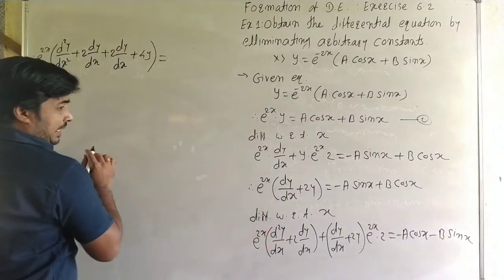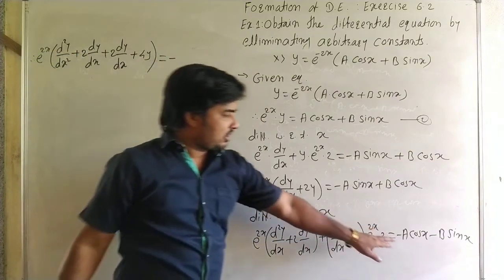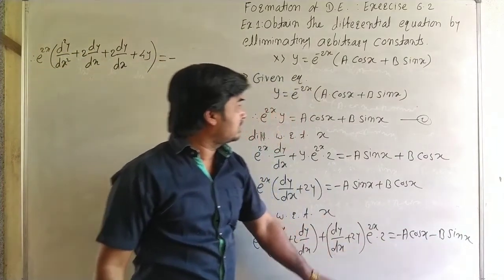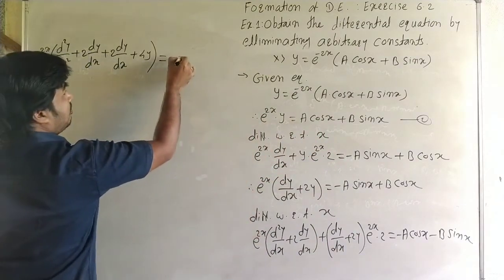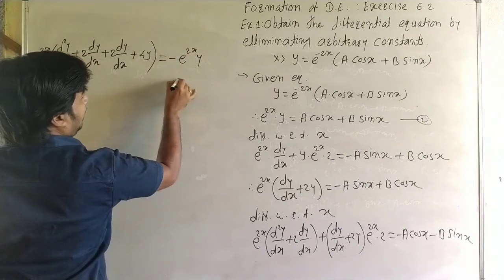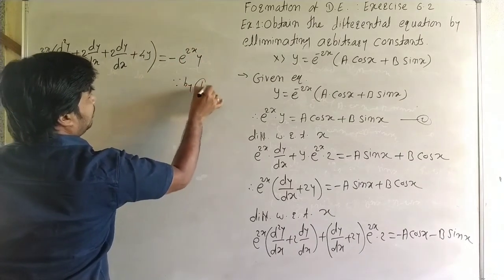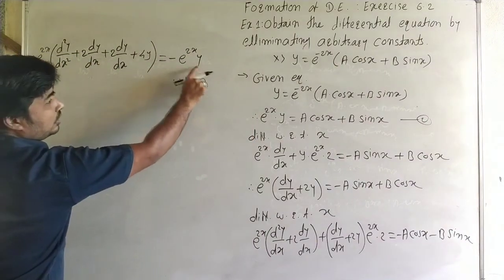We take minus common. Then we get a cos x plus b sin x, and a cos x plus b sin x is this. Therefore we can directly write, by equation number 1, minus e raised to 2x into y.